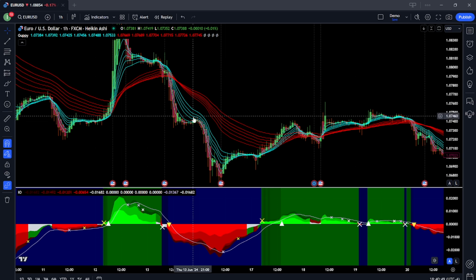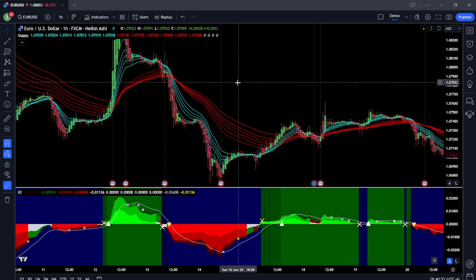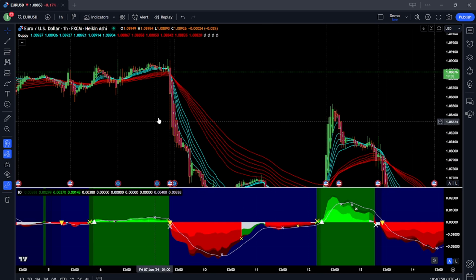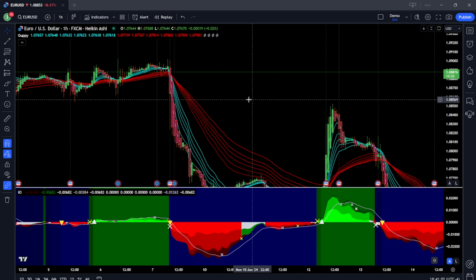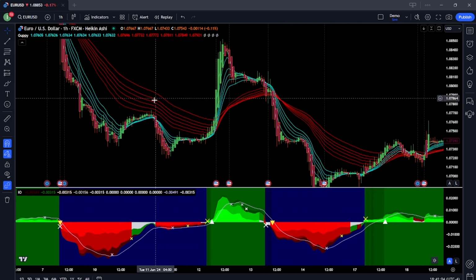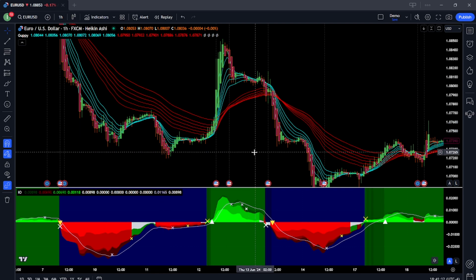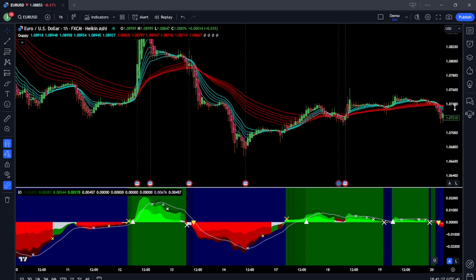So these are short-term traders and these are long-term investors. In order for us to make an entry, both investors and retailers must agree on the same price movement. Either they both agree for the price to go down, or they both agree for the price to go bullish up.